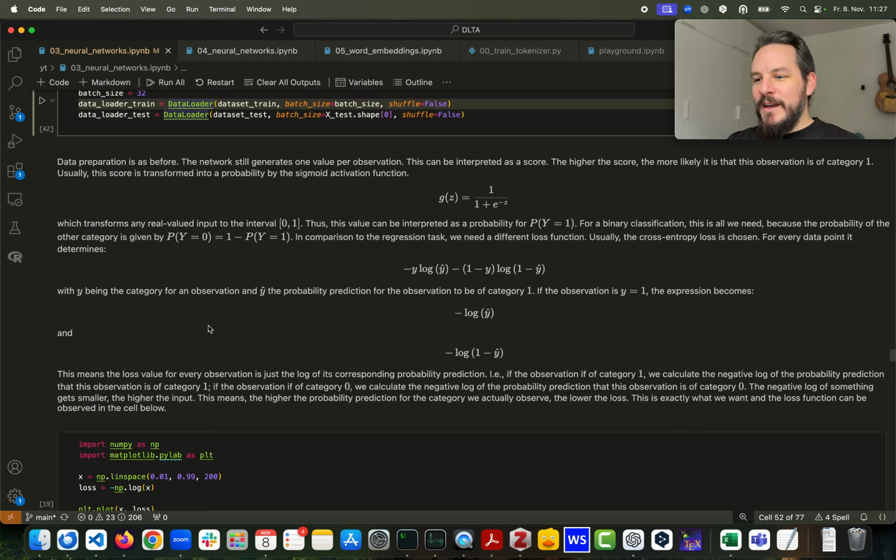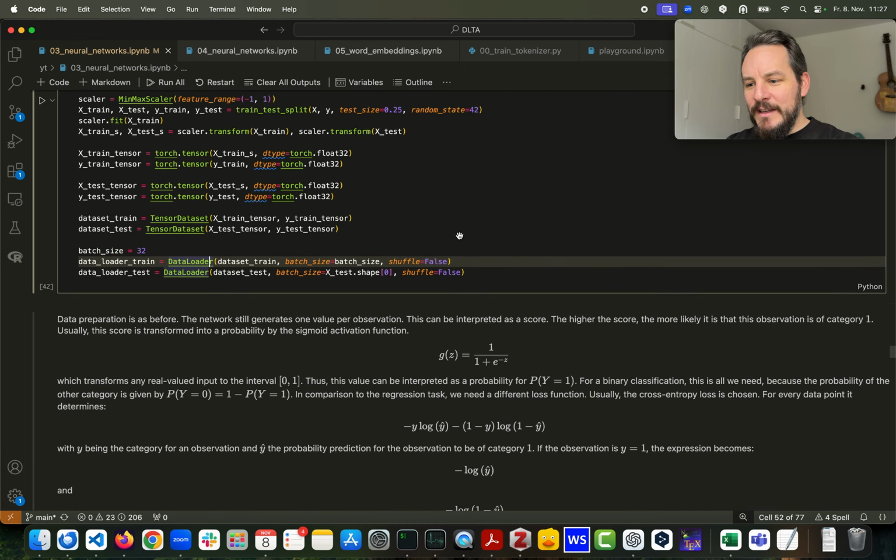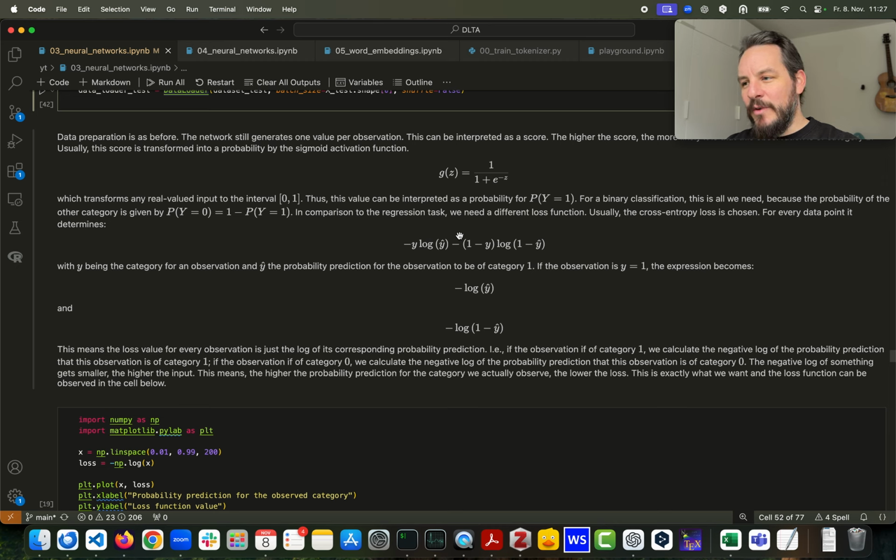Okay, and the transformation can be seen here. This is how it's done for a binary classification task. So from before, we have seen that the neural network has been returning some real valued number for every observation. And if you want to, you can picture this real valued number in this scenario as a score.